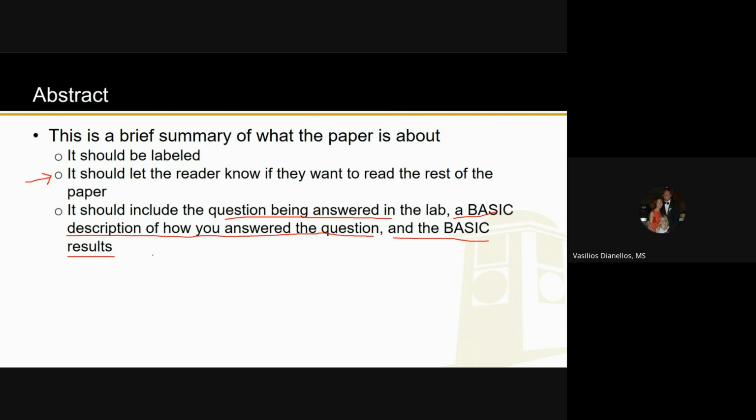And what we found is, yes, temperature does make a difference because, and again, I'm just using this as an example, we found that colder temperatures are better for respiration and warmer temperatures are better for photosynthesis, or whatever the case may be, right? You don't say, this one, the pH went from this to this, and this one, the pH went from that to that, and here's our results. You don't have to, just the basics.